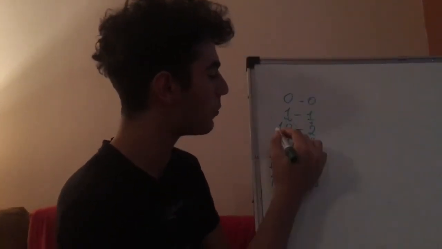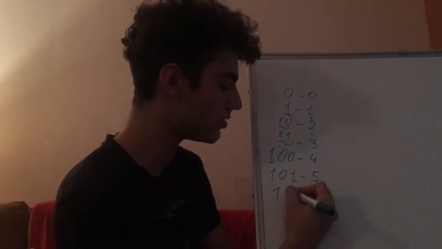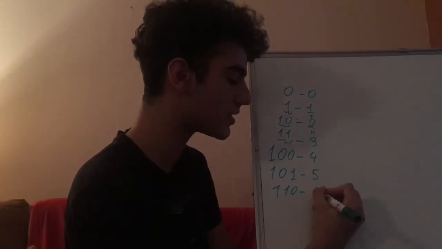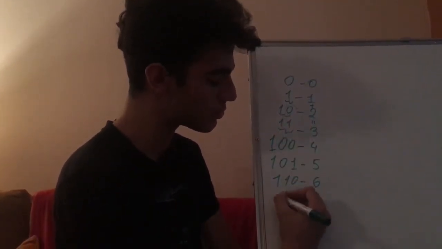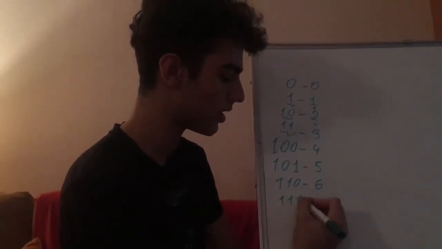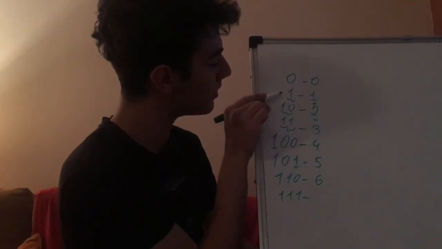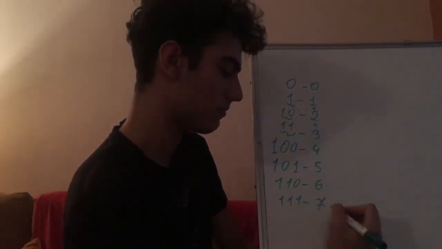After that, we add 1, 0 to 1, 0, 0, and we get 1, 1, 0, which is 2 plus 4, and it equals 6. So what's the last combination? It's 1, 1, 1. And it's 1, 0, 0 plus 1, 0 plus 1, which is 7. Am I right?